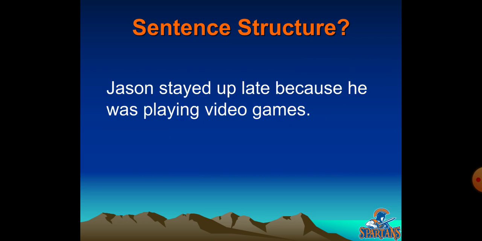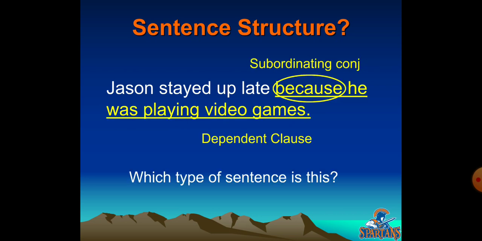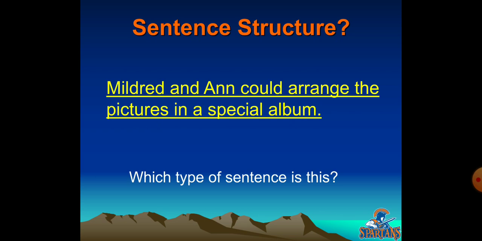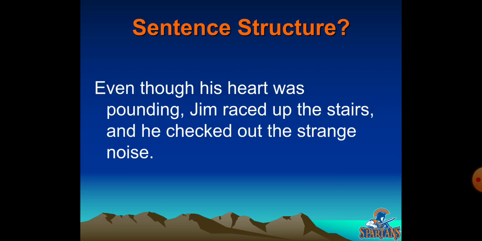Sentence structure number 2. John stayed up late because he was playing video games. Sentence structure number 3. Mildred and Anne could arrange the pictures in a special album. Sentence structure number 4.